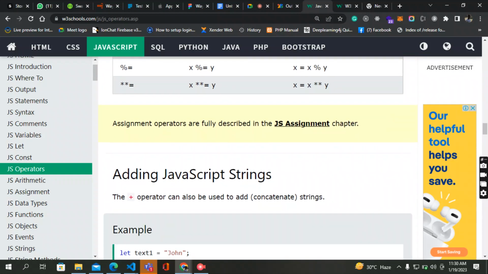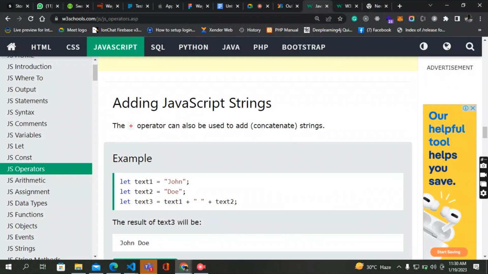There's one thing you need to note with this addition operator, which is under the arithmetic operator. Addition, this plus sign. At some point you might need to do 2 plus 2, 4 plus 4, but at the same time there is one other useful feature for this plus sign.